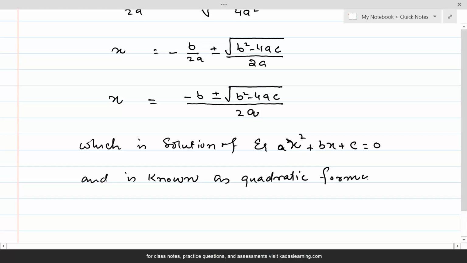So this solution helps us in illustrating the general procedure that we adopt for finding the solution by completing the square, as well as it has given us the formula which from now on we'll be using directly without actually completing the square for finding the solution, and that is called the quadratic formula, or the method of applying the quadratic formula for finding the solution.